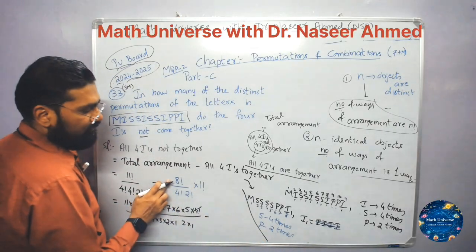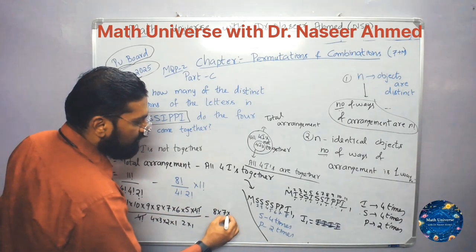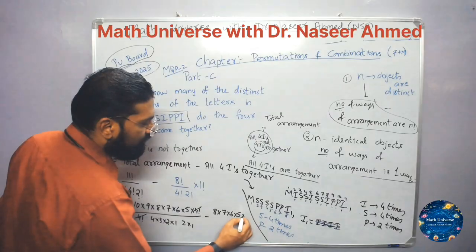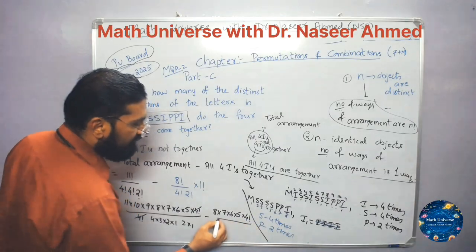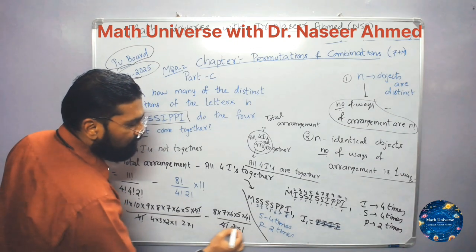Then 8 factorial into 1 is 8 factorial. What is 8 factorial? 8 into 7 into 6 into 5 into 4 factorial divided by 4 factorial, then 2 into 1. So 4 factorial is also gone.